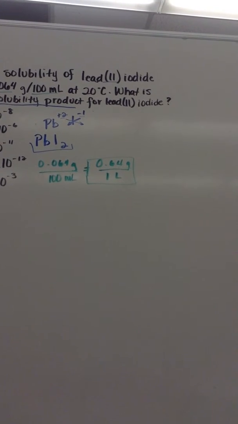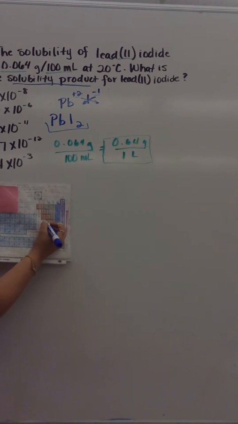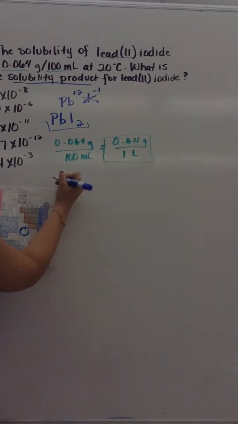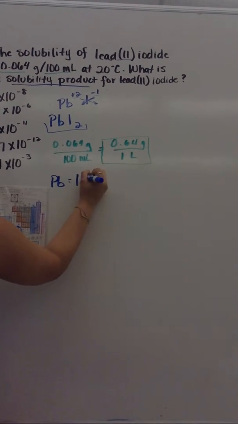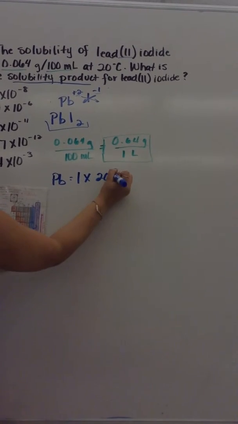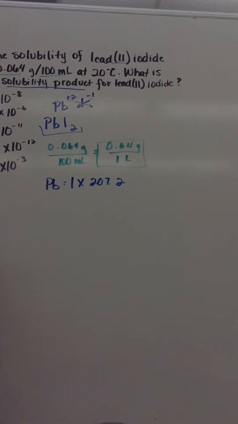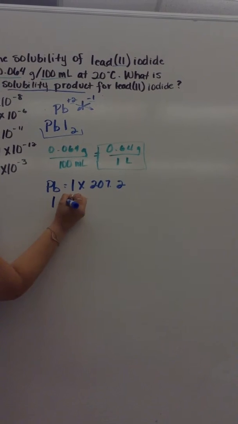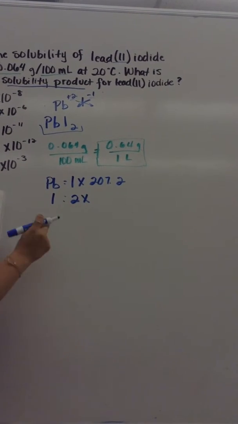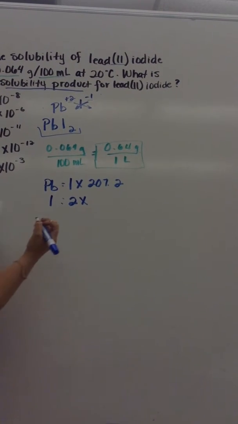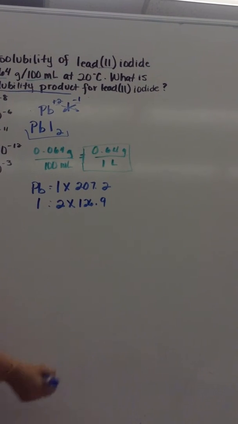So we're going to go back to our periodic table and look for, again, lead. The mass of lead is 207.2. Now you look for iodide. And iodide, you have 2 iodides, so you multiply it by its mass, which is 126.9.